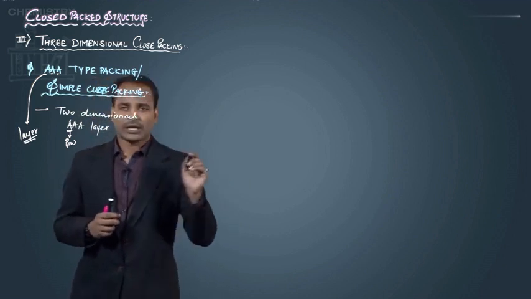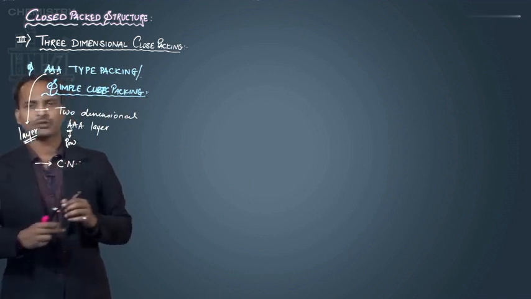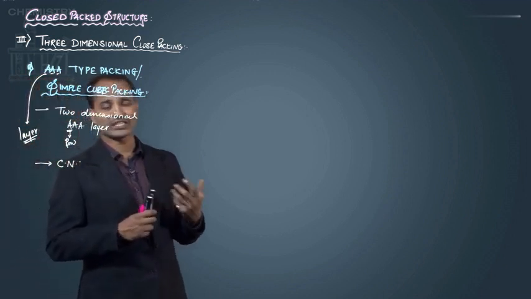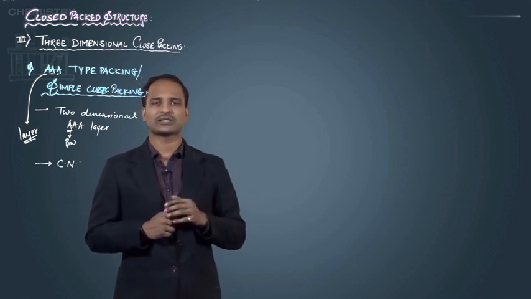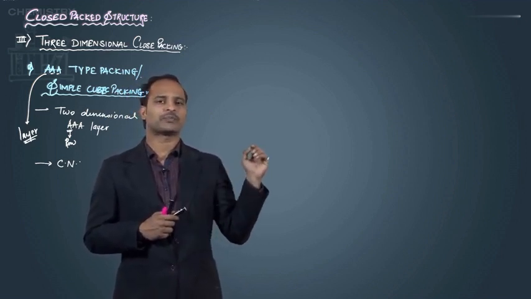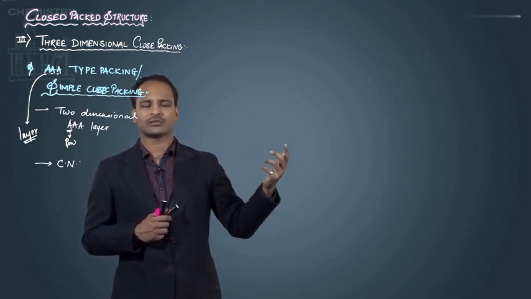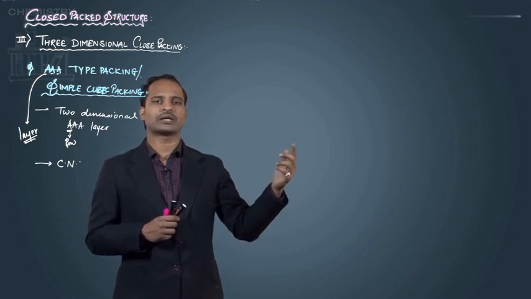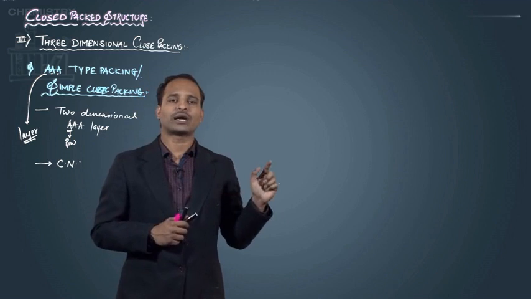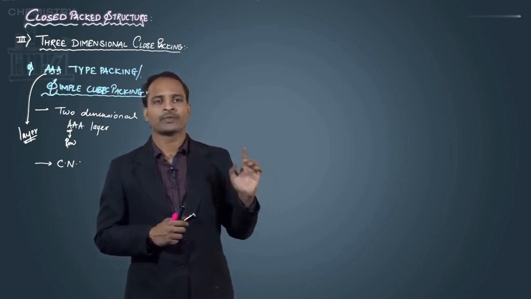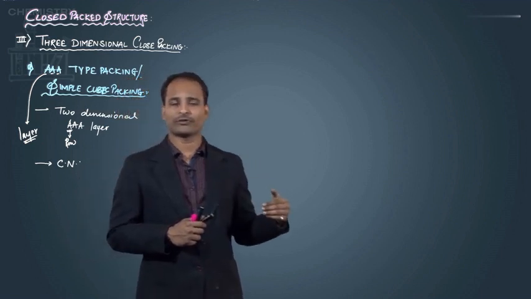Now, in this case also, I just want to find the coordination number. The coordination number is the number of touching spheres. So consider any sphere and think about how many touching spheres there are. I'm considering one particle from any one layer, labeling it D, which is touching 4 particles of the same layer: 1, 2, 3, 4. And there is one particle exactly below this sphere from the lower layer.